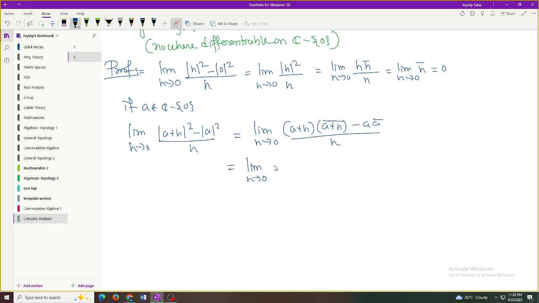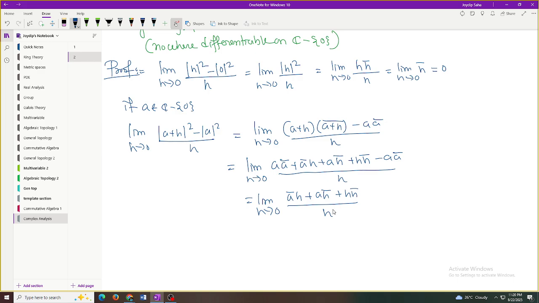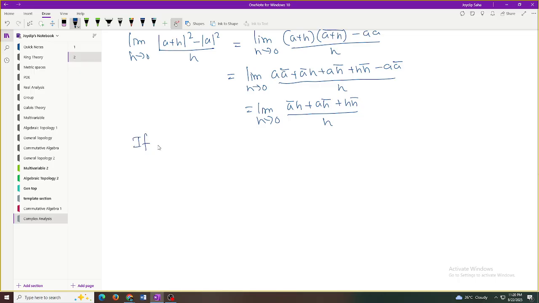Again same technique: if we go through the real line, put h equals h bar, then you will get this.